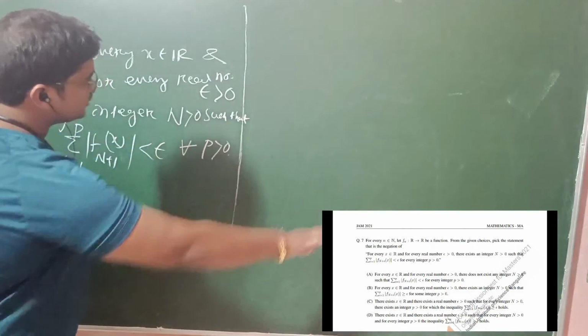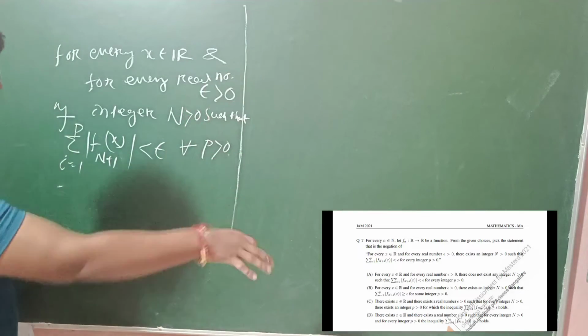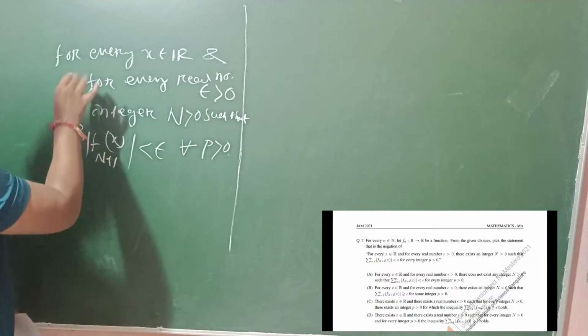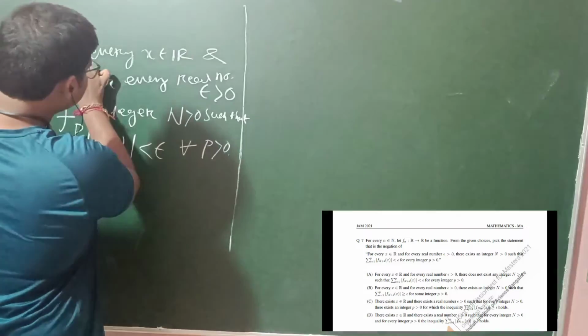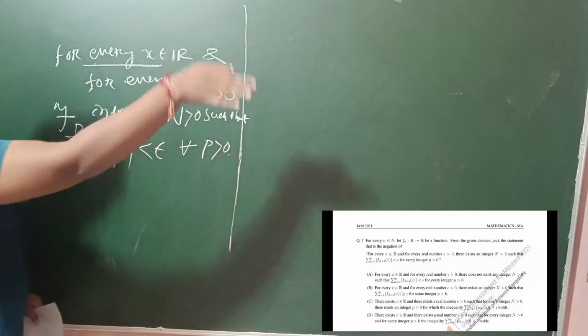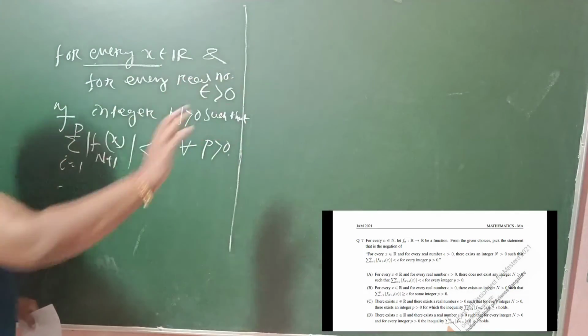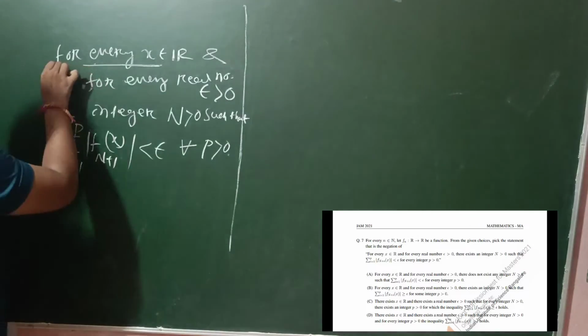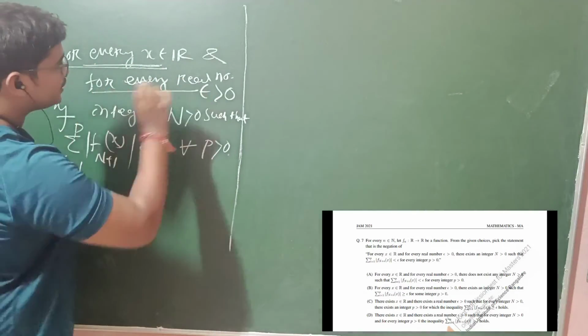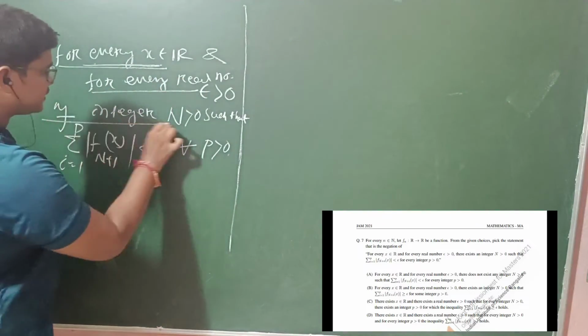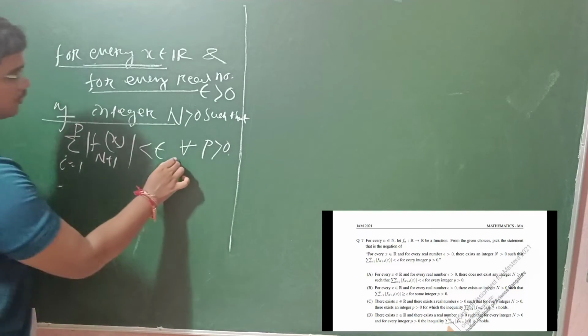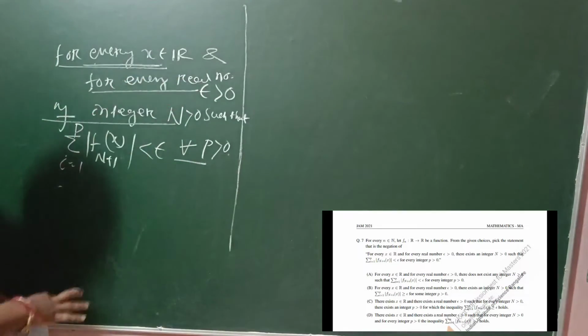Now we have to write its negation. In negation we have to change for every to there exists, and there exists to for every. Here for every x, for every epsilon, there exists n, and for p.